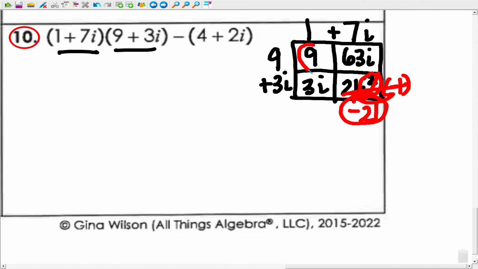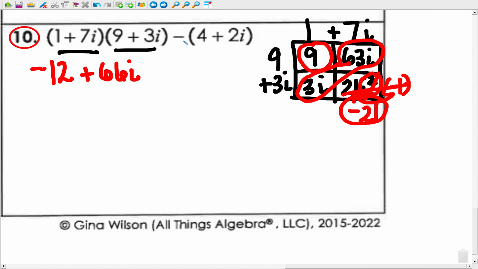So I've got negative 21 and a positive 9. Come over here, and you're going to write what you get when you subtract those two, and it should be negative 12. Now this, look diagonally, gives me a 63 and a 3. So that's going to be plus 66i.